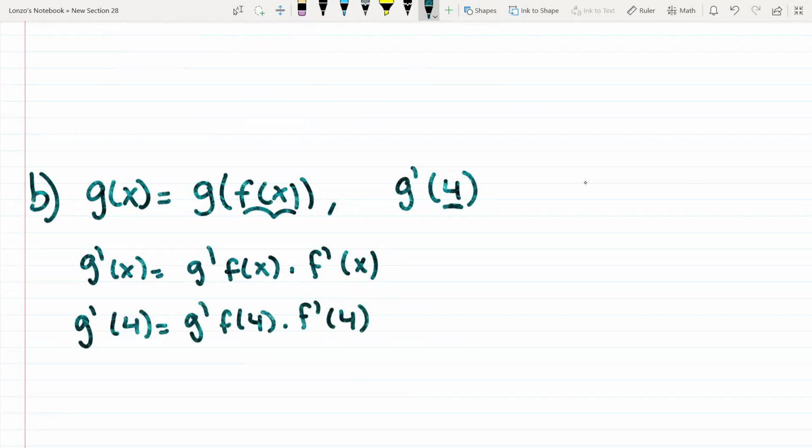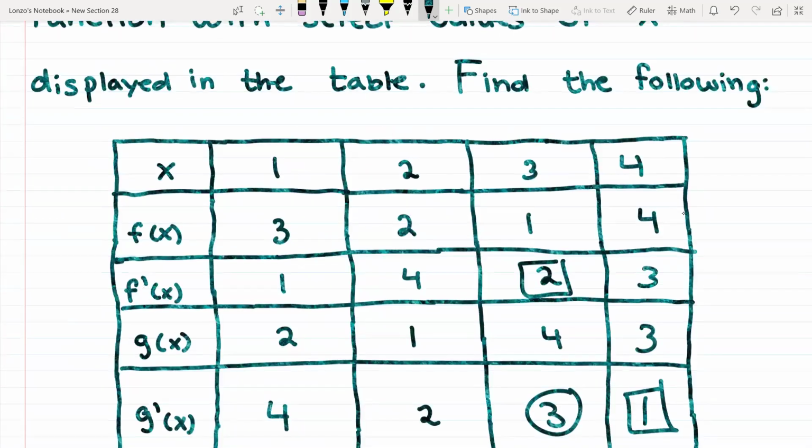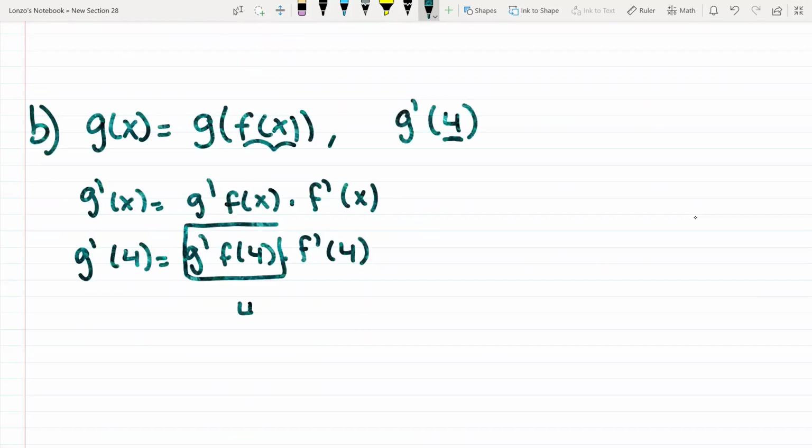Okay, so let's do our table thing. First I'm going to find the inside parentheses, so find f of 4. Here's the f of 4, it spits out a 4. So f of 4 is 4. And it still has that g prime times f prime of 4.